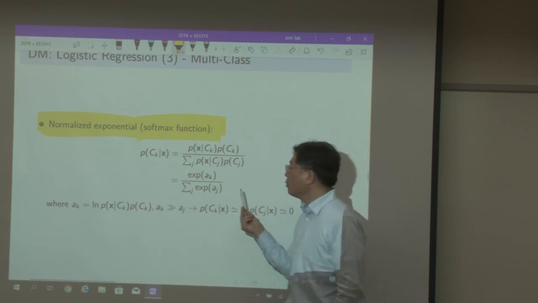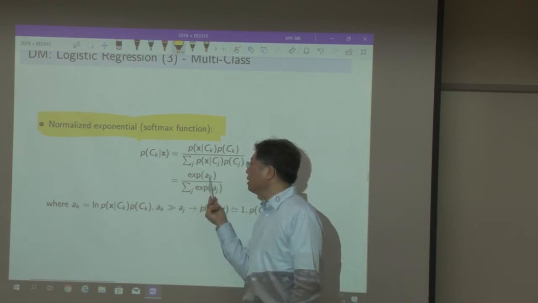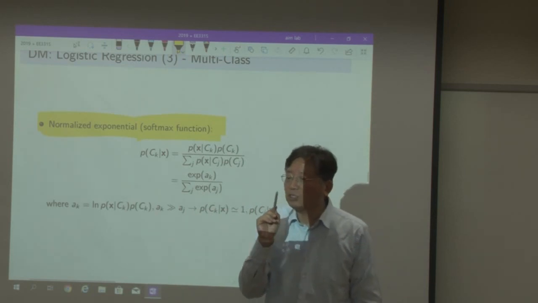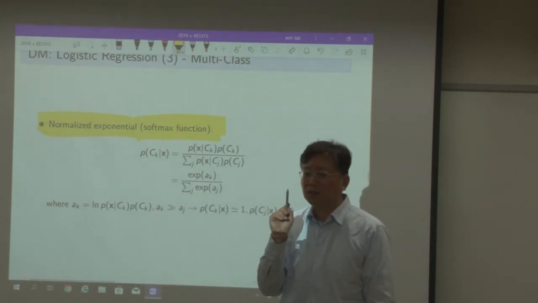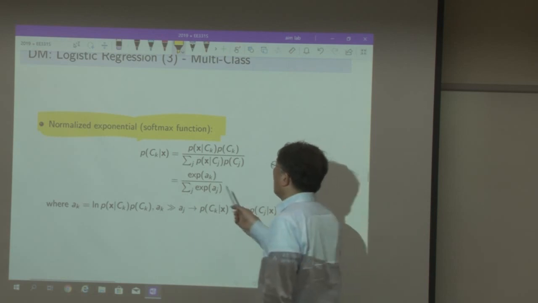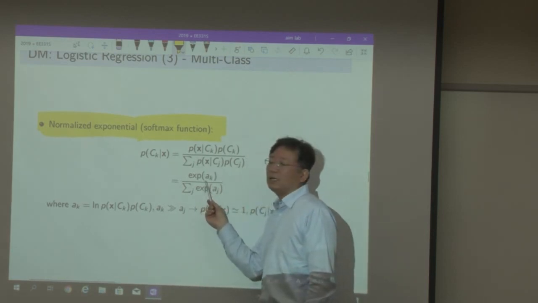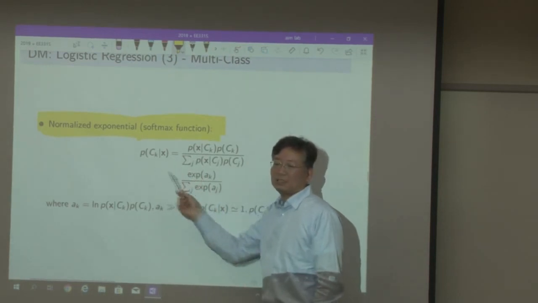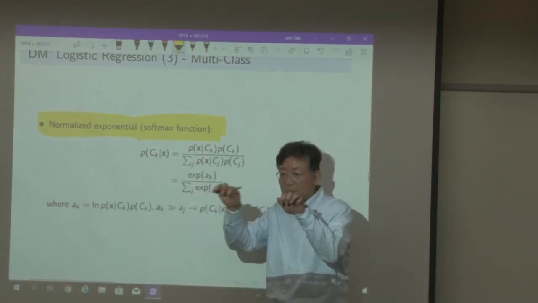Okay? Also, in the exponent, what was in the exponent of the logistic regression? It was a linear function with theta, right? There will be a parameter theta for each of the classes.